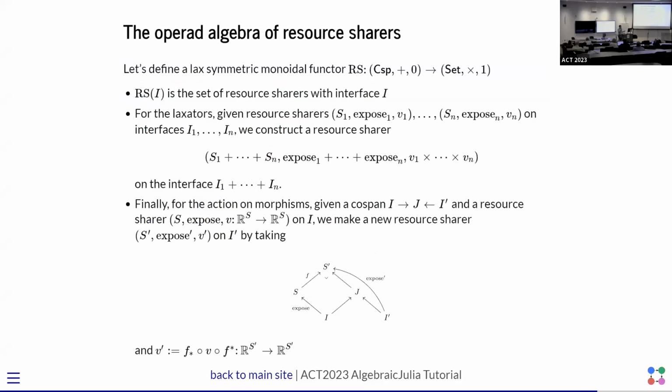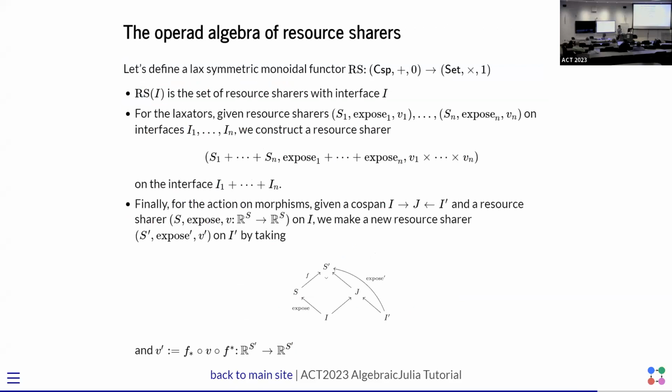Okay, so this is the busiest slide in the presentation, so sorry, but we're going to go through it. We're really into the meat of things here. We're going to define the lax symmetric monoidal functor that will give you resource sharers. Or at least we're going to sketch how this goes, and once we've done that, by applying the machinery that we just saw, we're going to get our operad algebra.